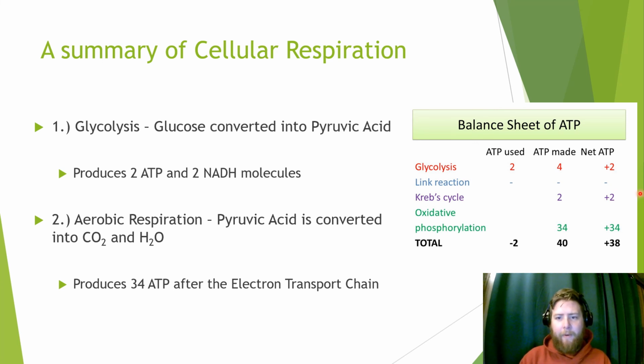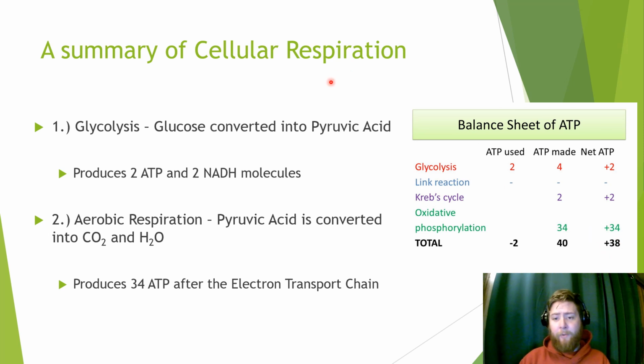Then in aerobic respiration, we're making 2 molecules of ATP from the Krebs cycle, and we're taking pyruvic acid and converting it into carbon dioxide and water. And then from the electron transport chain, we make 34 more from those NADHs and FADH2s, for a total of 38 ATP.